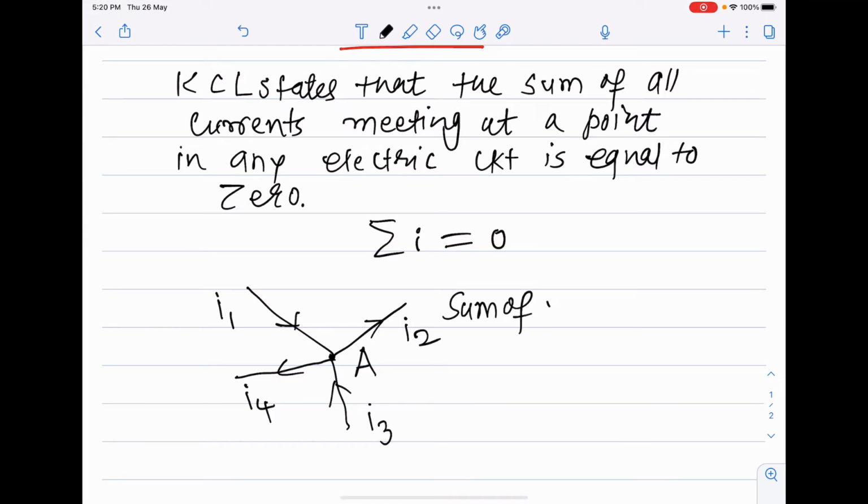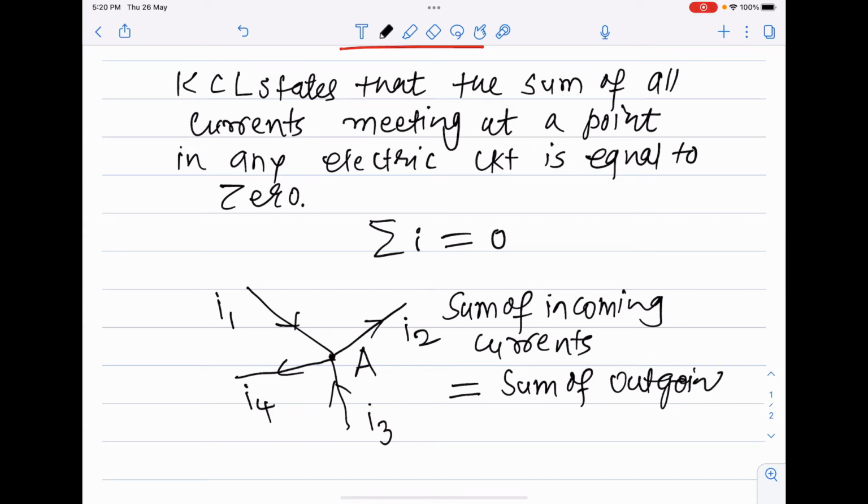Sum of incoming currents is equal to sum of outgoing currents. That is, according to the KCL law, you will find that if I treat the incoming currents as positive, I1 and I3, then this is equal to I2 plus I4.